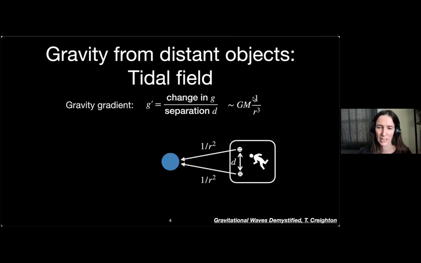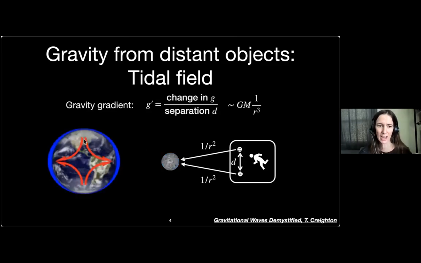This is going to scale not as the gravitational acceleration itself, which is 1 over r squared, but as 1 over r cubed. The gravitational acceleration of these two balls from a point mass that's far away is slightly different if their separation is large enough compared to the scale of the change in gravity. And that lets us notice things like tides.